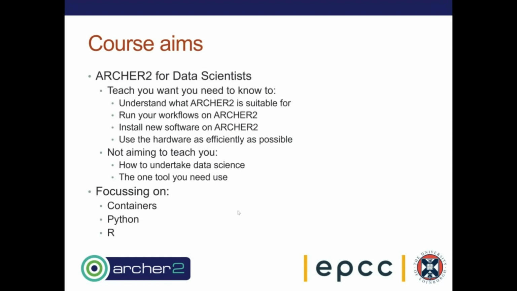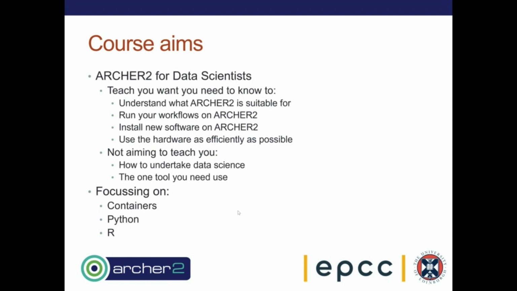We could look at how you become a data scientist or what you mainly do as data scientists. The approach we've chosen for this course is really to say, let's assume that you know what you're doing in data science and you know the tasks you want to do and you're already familiar with doing data science work. How would you do those commonly on a system like ARCHER2?